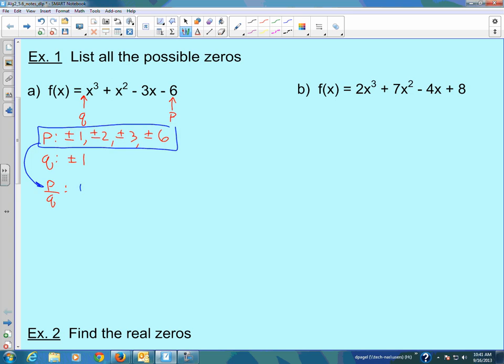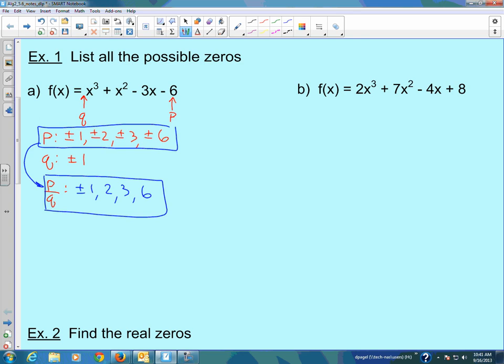So plus or minus 1, plus or minus 2, 3, and 6. These would be all of my possible zeros. I'm only writing the plus or minus out in front of the first one, but please understand that it's plus or minus 1, 2, 3, and 6, all of them. And those are all of the possible zeros that I would then use to test in my synthetic division process. We'll get there in just a second.